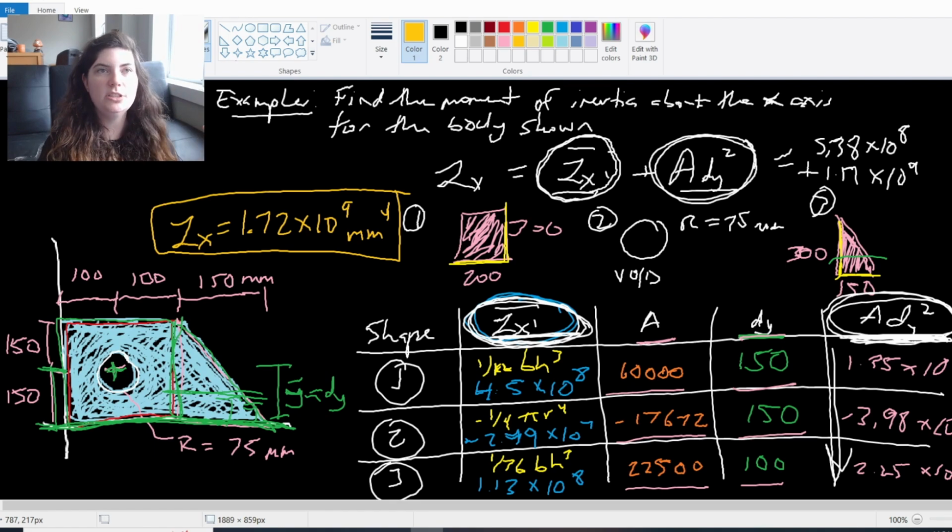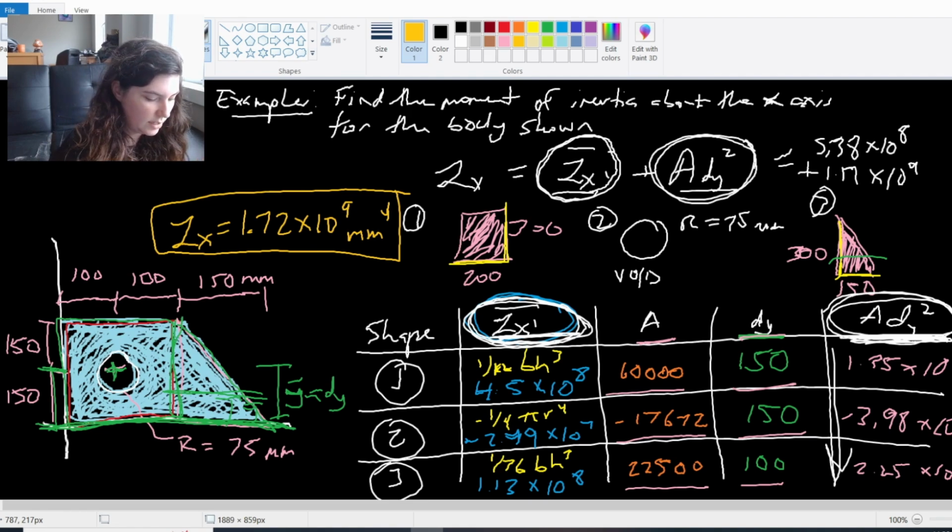But again, I've mentioned that you're not always going to be taking this about the x-axis or the y-axis, or maybe offset in some way. So let's take a look at this same shape, but instead of asking you to take it about the x-axis, now it asks you to take it about the centroidal x-axis.